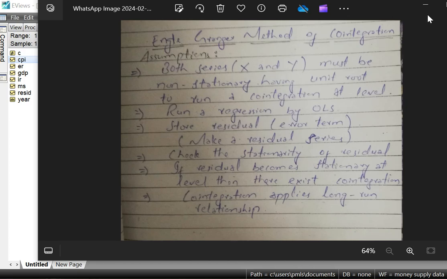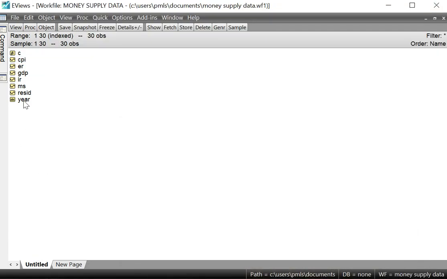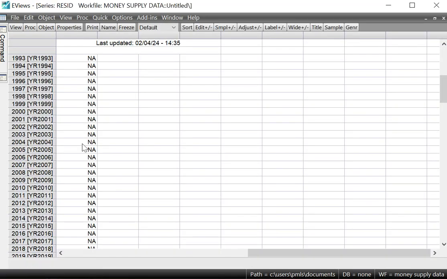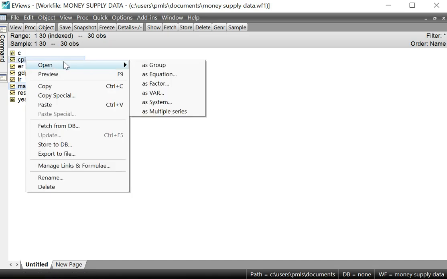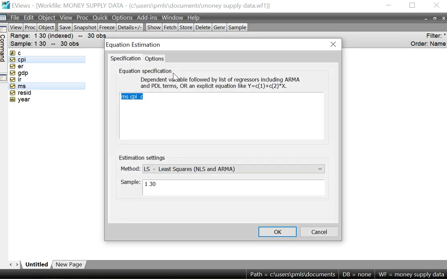Run a regression by the OLS method and store the residual. If you see resid, this is the residual series, but there are no residual values. Why is there no residual? Because if you run the regression, then there is a residual series, otherwise there is none. So select money supply and CPI and open them as an equation using the OLS method.